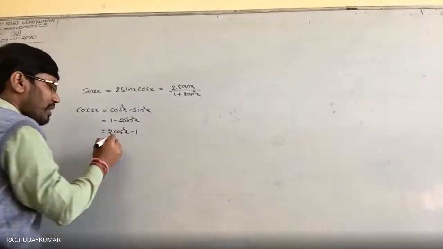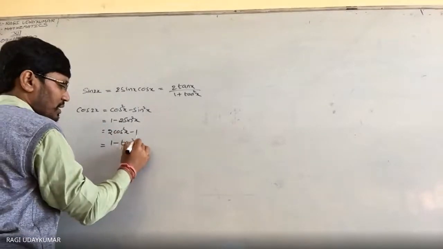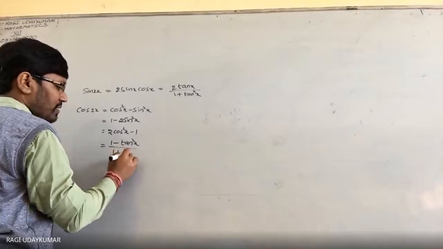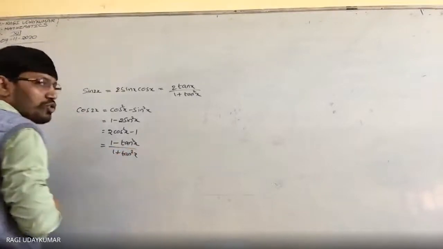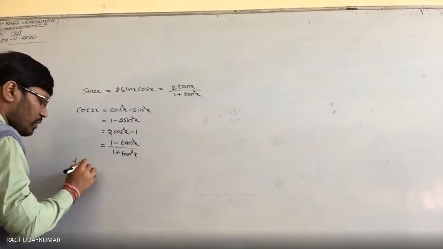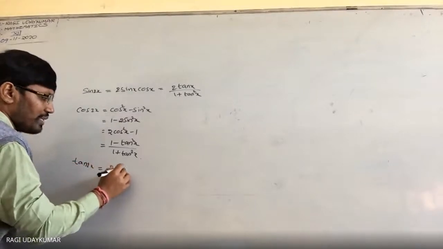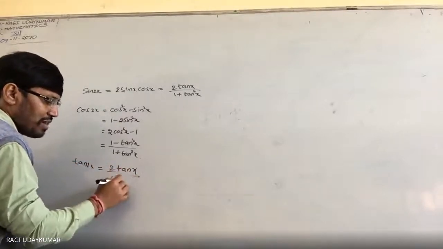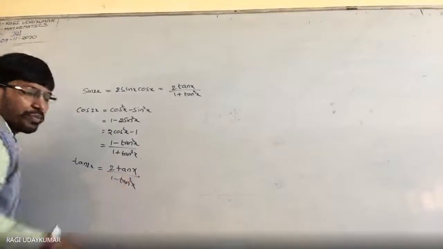Or in the form of tan, 1 minus tan square x by 1 plus tan square x. So this is cos 2x. Tan 2x is equal to 2 tan x by 1 minus tan square x.